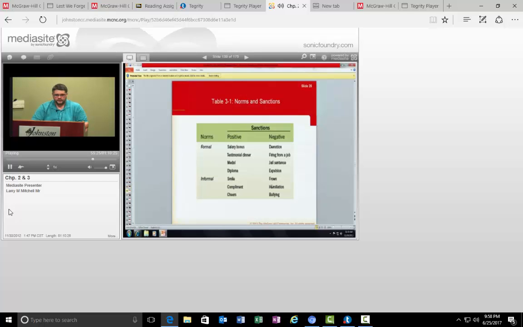All right. Now, here are some good examples of those sanctions, of both norms and sanctions, and also from a formal aspect and an informal aspect as well. So you can see here on the right-hand side, one of the prime ones that goes on is humiliation. Even children do this, and bullying is a very big topic today.